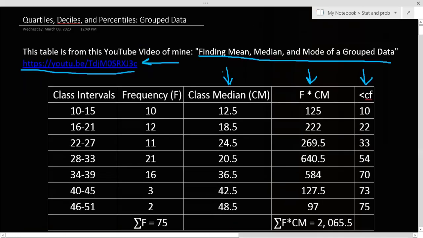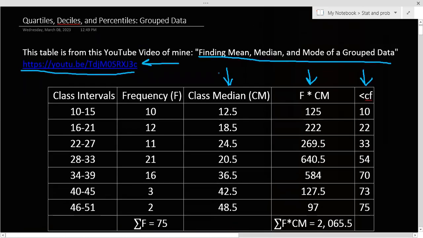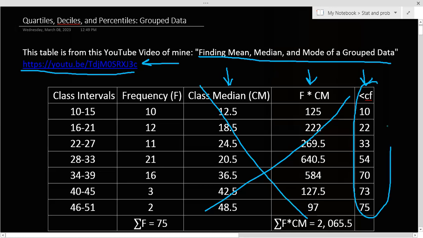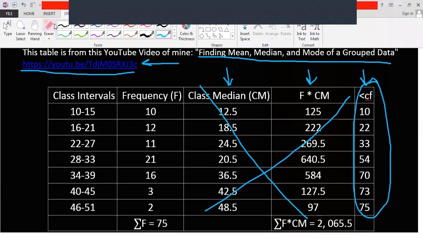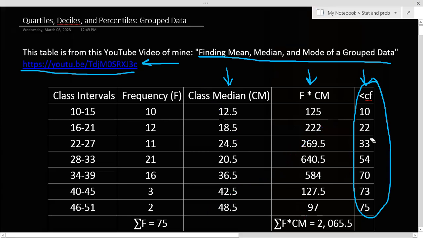Although, to be honest, we don't need class median and frequency times the class median dito. All we need is only the cumulative frequency, class intervals, and frequency lang. Though, again, mas maganda na kung alam nyo kung paano makuha si class median and others.